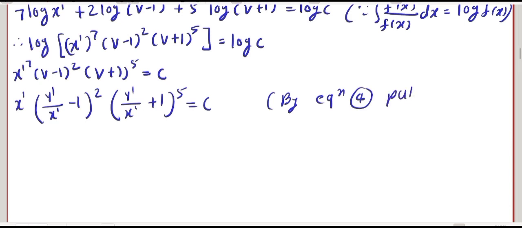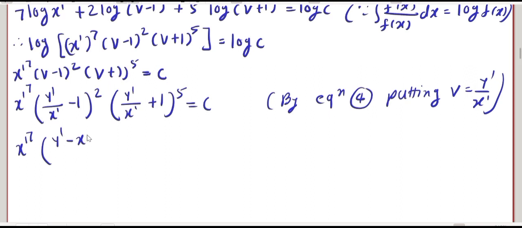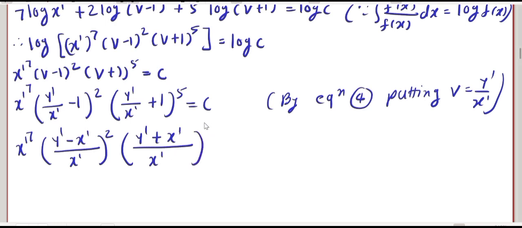Putting v equal to y'/x', we get x' raised to 7 into (y' - x')/x' square into (y' + x')/x' raised to 5 is equal to c.